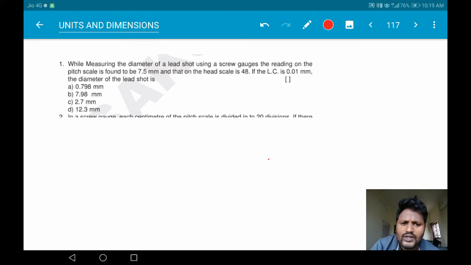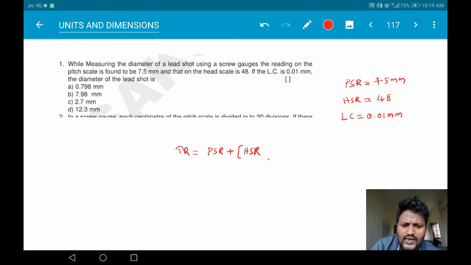So here the pitch scale reading is given. PSR is given as 7.5 millimeter, head scale reading is given as 48, and least count is given as 0.01 millimeter. So we know the formula to find out the diameter of a sphere. Total reading is equal to pitch scale reading plus head scale reading into least count.